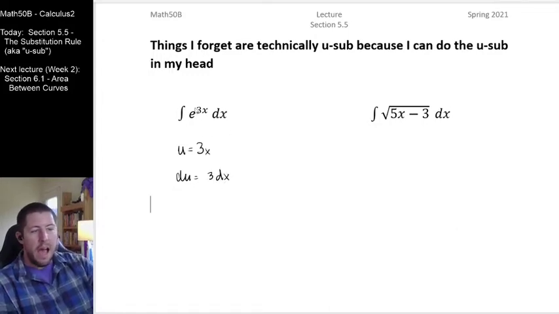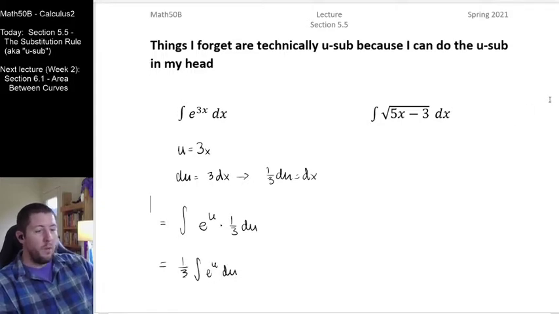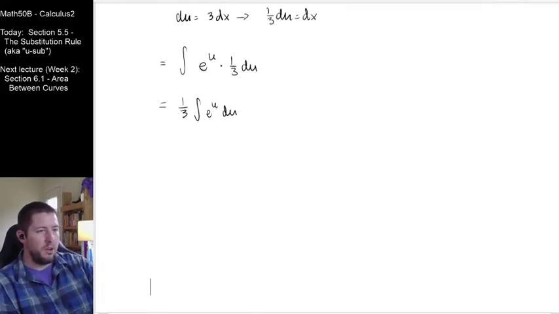I don't have a 3 dx, so I'm going to rewrite this as 1/3 du equals dx. I now have substitutions that I can make for all of my parts. So now I think I can say this should be e to the u times 1/3 du, which I will more appropriately write as 1/3 integral of e to the u du. And we all know that the integral of e to the u is just e to the u.